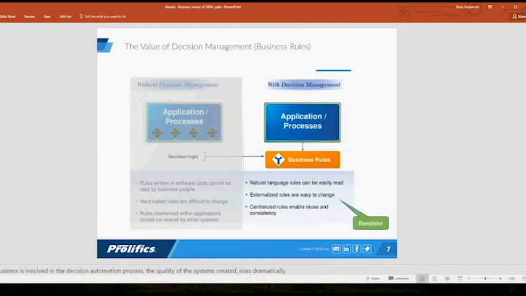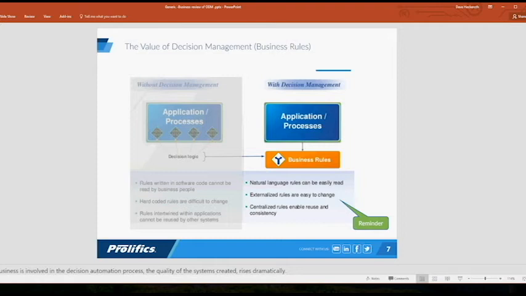I wanted to remind us that when we're talking about decision management and kind of the comparison with decision management and without decision management, let me just remind us of some of the key elements of with decision management, because we're talking about that today with ODM. We're talking about the natural language, the ability of the domain experts to be able to read the rules, verify and validate the rules.